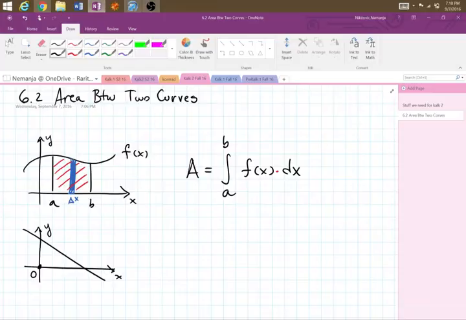That's our A. Oh sorry, let's put B over here on top, B, and the value on the bottom, let's call it A. So now, to set up the area, I would need to know what is the f of x.